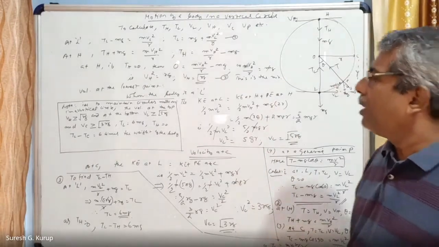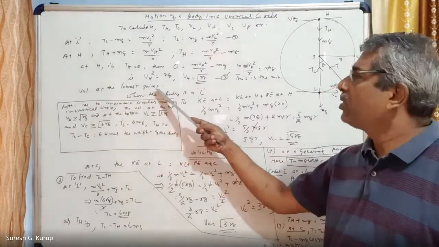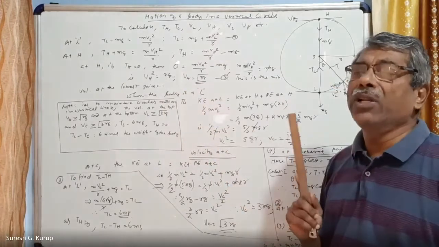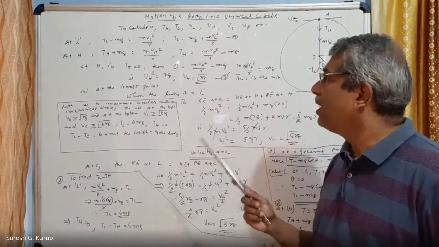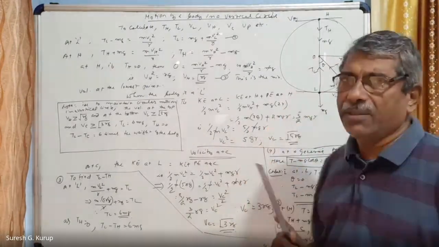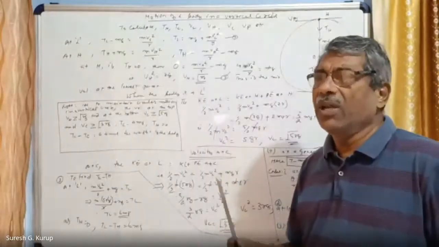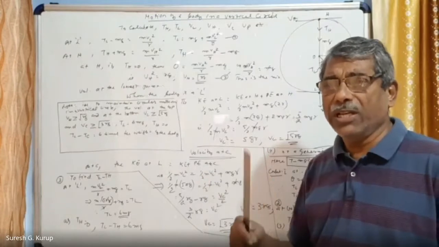Now we will talk about velocity at the lowest point. Remember, when the velocity at the highest point, vh, is equal to root of rg, then the tension TH must be equal to 0. We can experience it when we do this experiment at home using a spring and a small weight, rotating it.